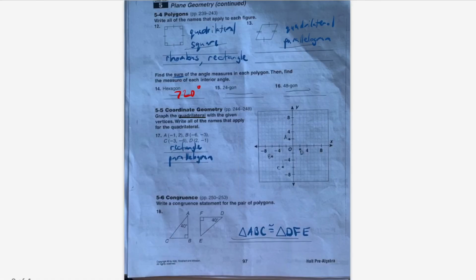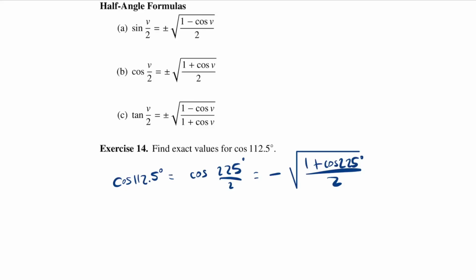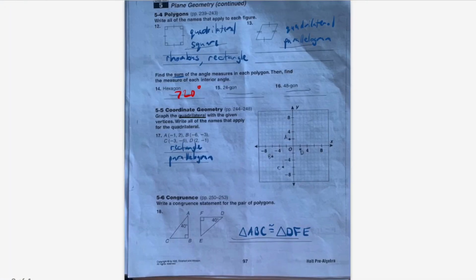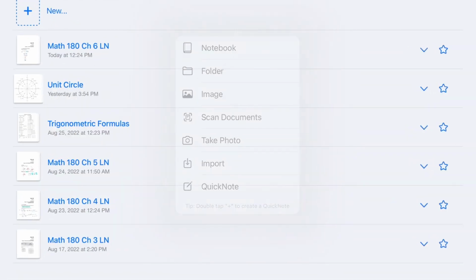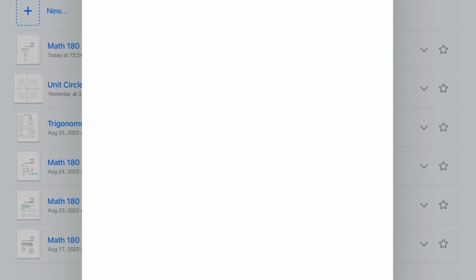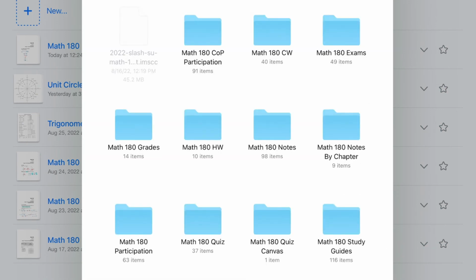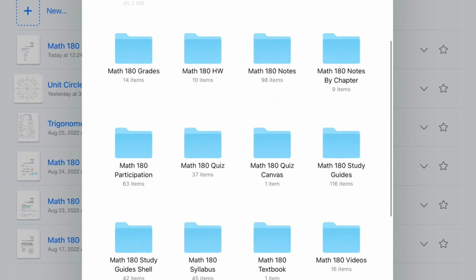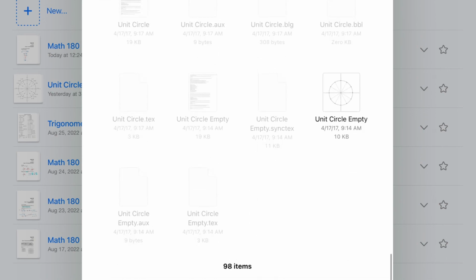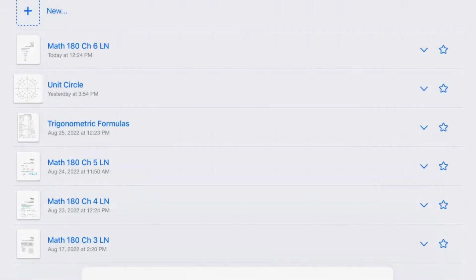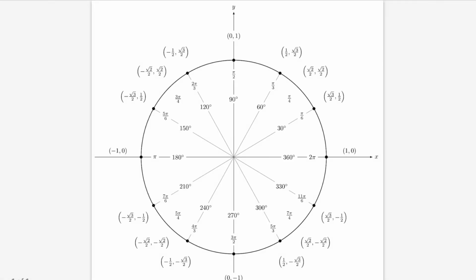So the cosine of 225 is, let me bring up the unit circle. Here it is. 225 is right here.